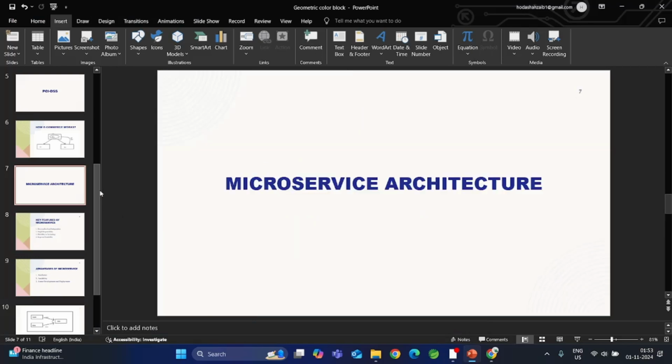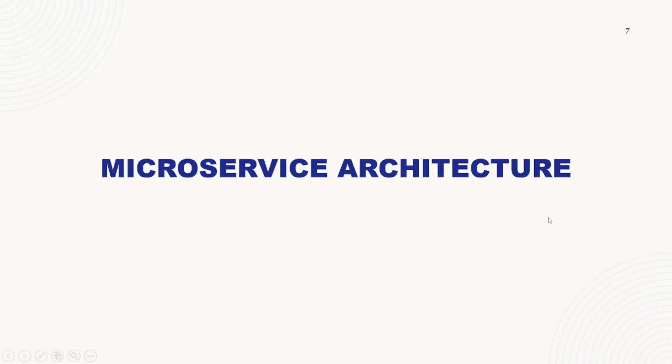Okay, so now we are going to talk about microservice architecture. Microservice architecture is a software design approach where an application is built as a collection of small independent services.